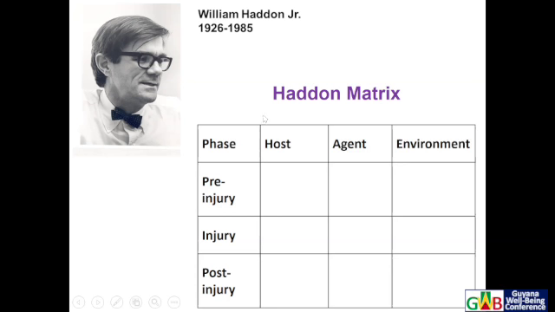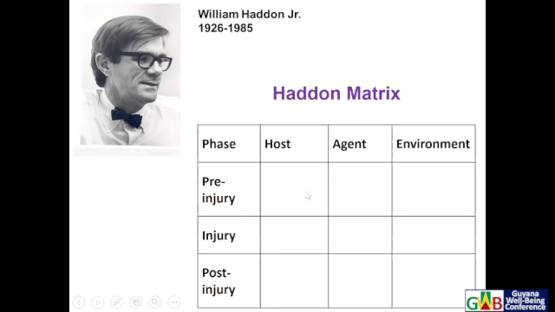And then what he did to the standard epidemiological model was that he added a time dimension, and he categorized the time into three categories as well. So pre-injury, injury, and post-injury.